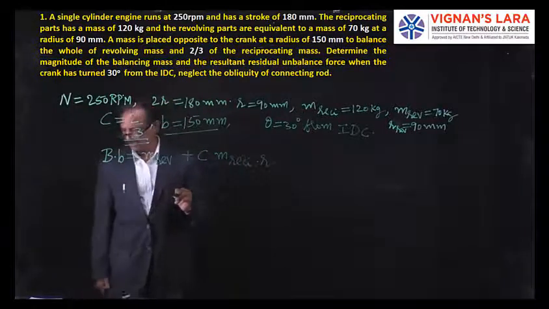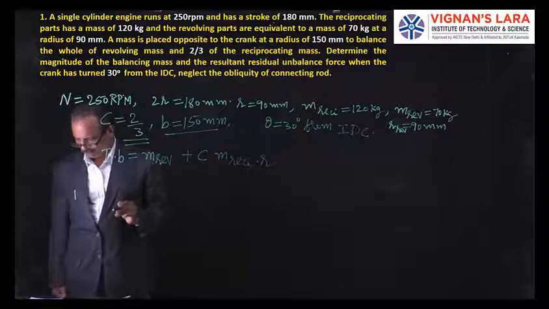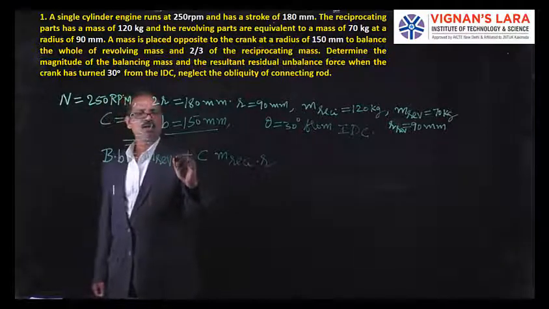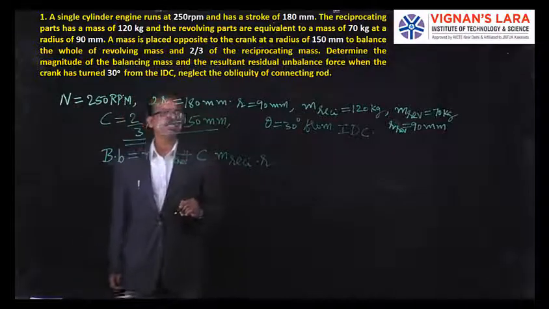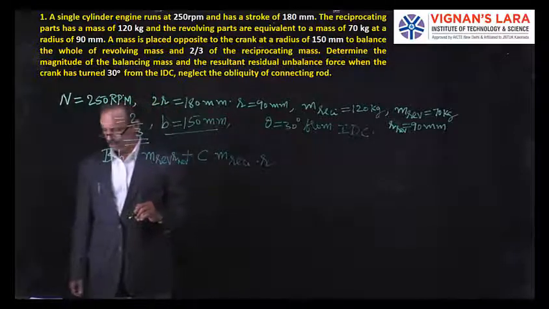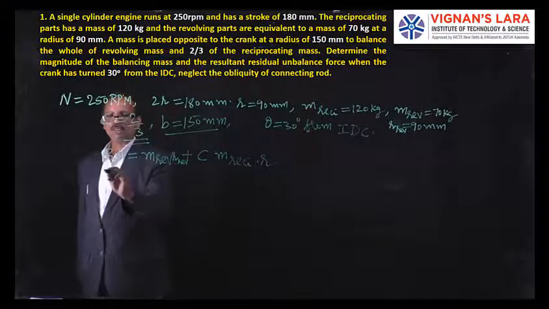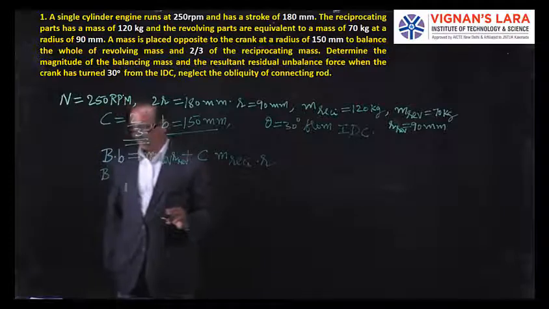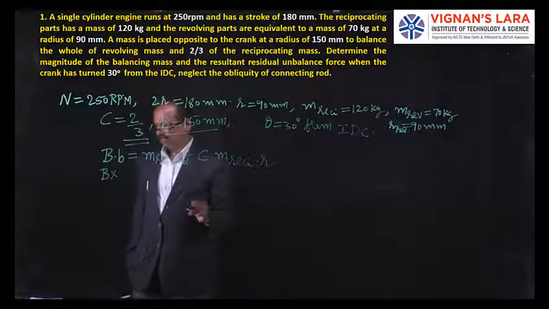So this is M revolving into r, that is the r of the revolving, plus C times M reciprocating into r. So what is this B? How much mass we have to place? We have to find out. Then at what distance it has to be kept: 150 mm.